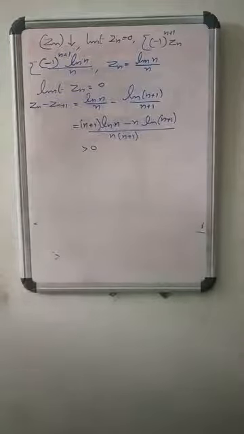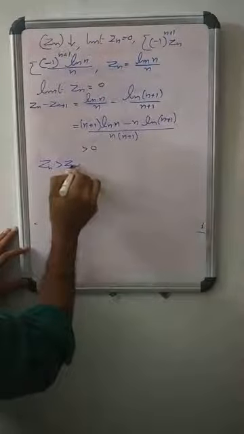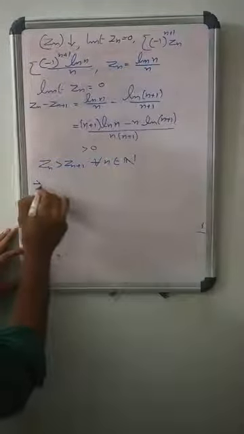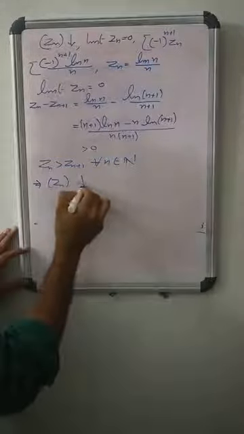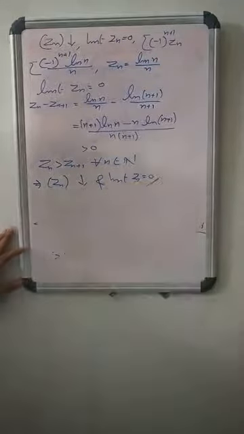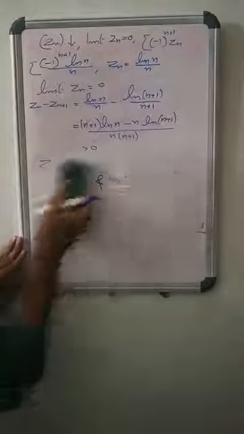So Zn is strictly greater than Zn plus 1 for all n, which means the sequence Zn is a decreasing sequence and limit Zn equals 0. Therefore, by the alternating series test, sigma (-1)^(n+1) log n by n should converge. So, now consider another one.